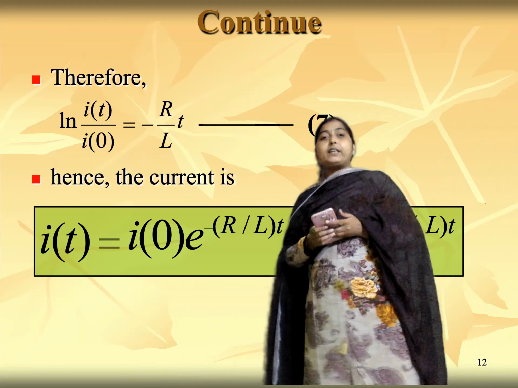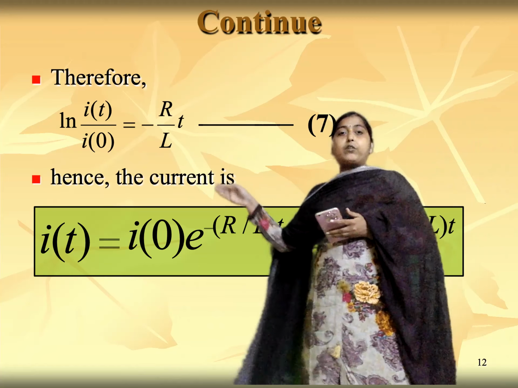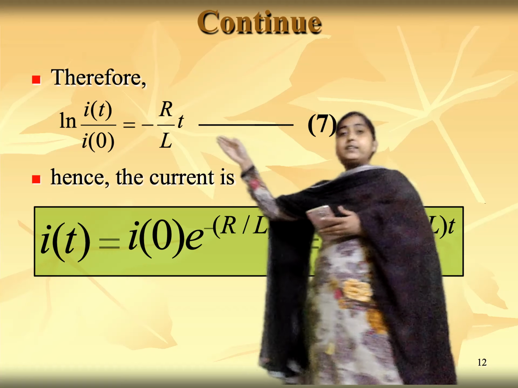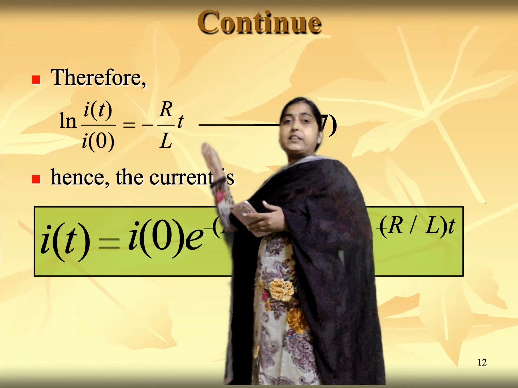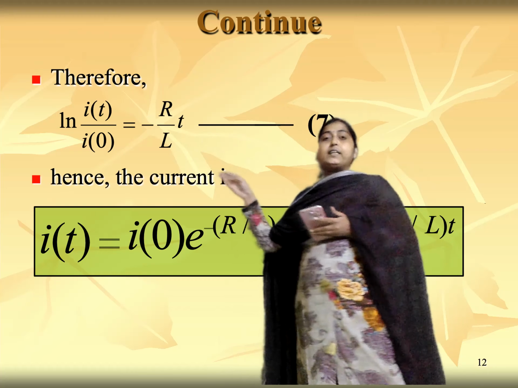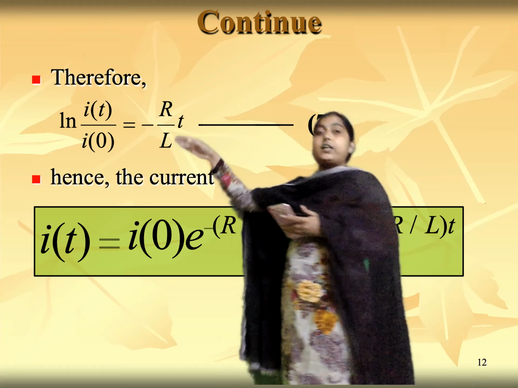So ln of I of t by I of 0 is equal to minus R by L into t, substituting the limits as 0 to t. Hence the current in the circuit can be written by rearranging the above equation.